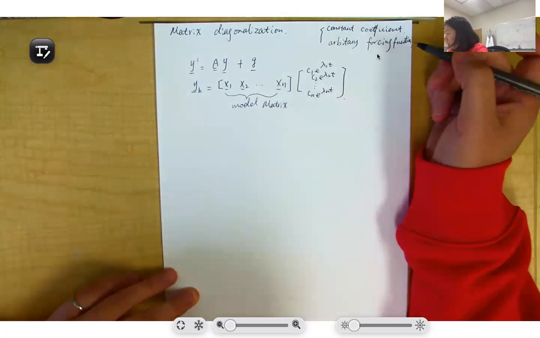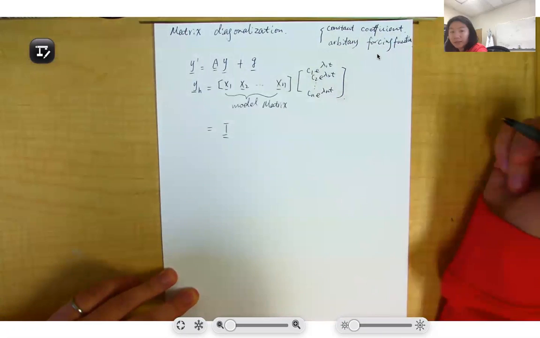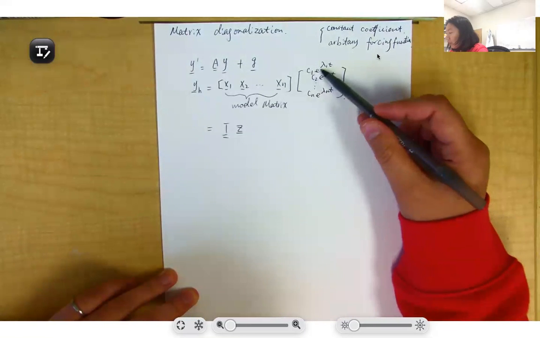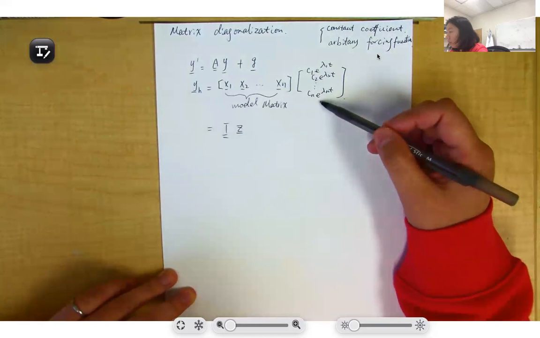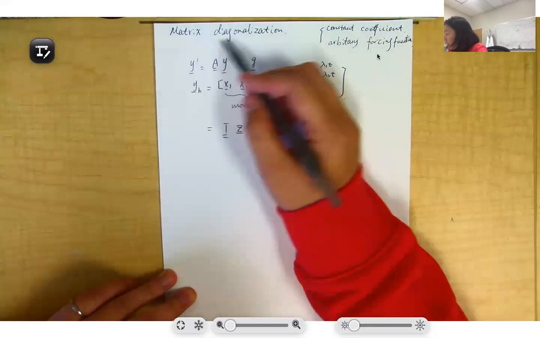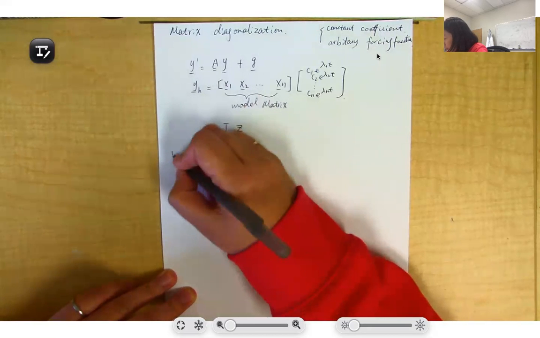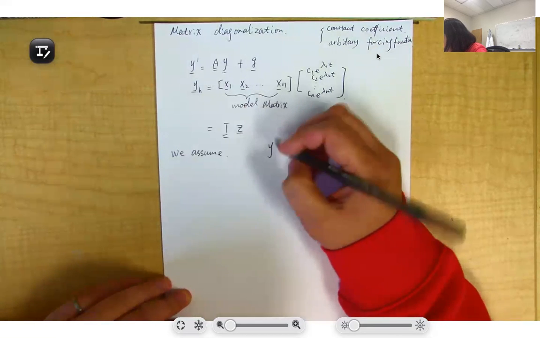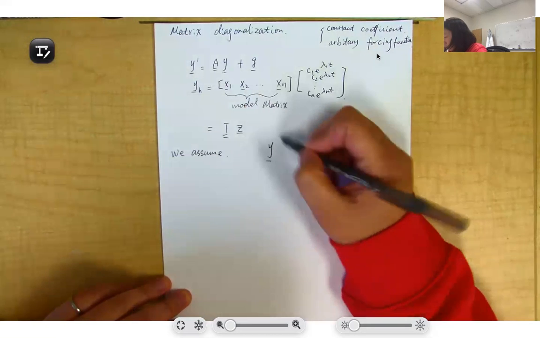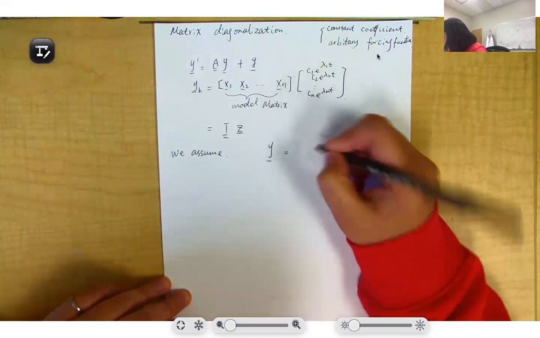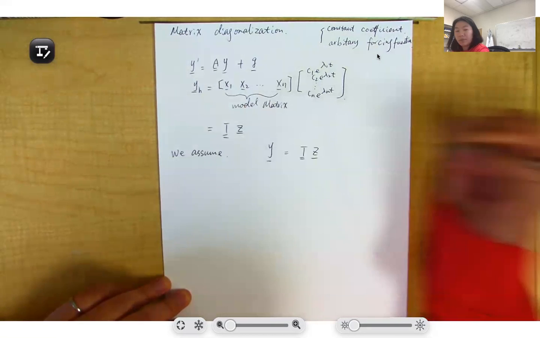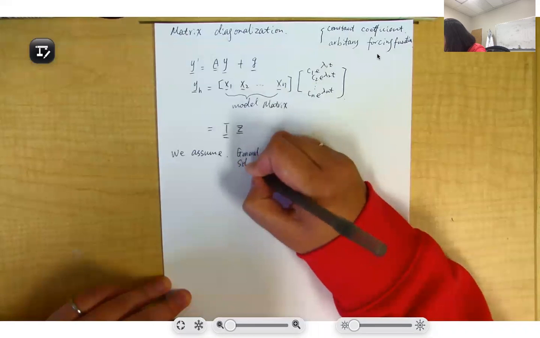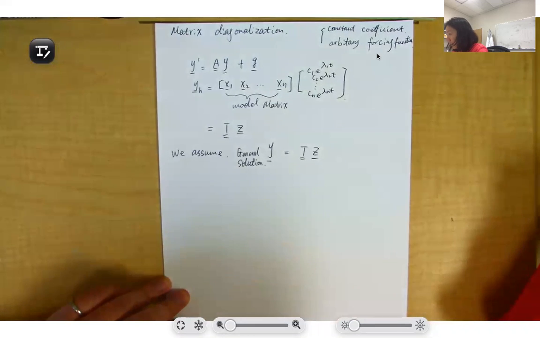So we can also write this as the model matrix represented by T times Z, where Z is [c1 e^(λ1 t), ..., cn e^(λn t)]. Then for matrix diagonalization, we assume that the general solution y is equal to Tz.